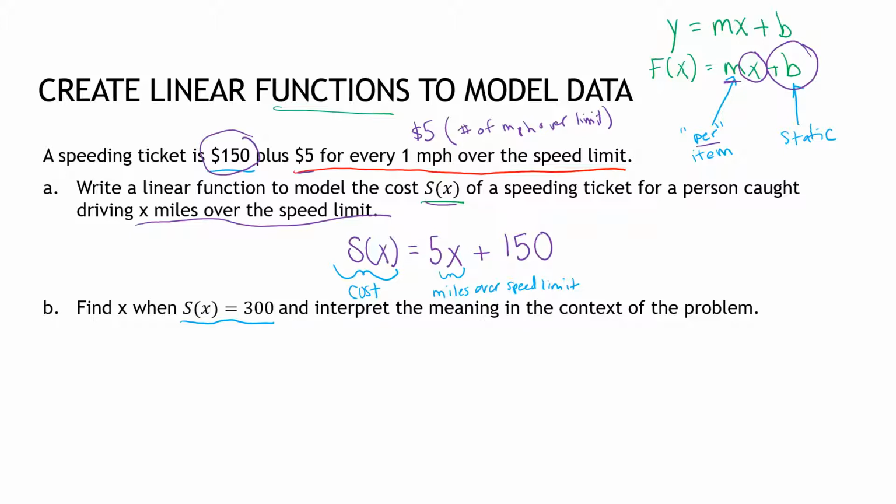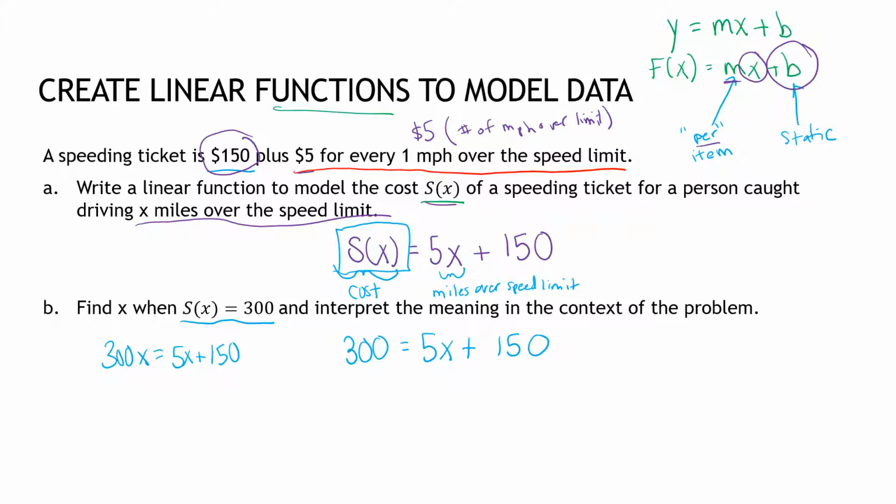So that tells me I'm going to take my function I just created, and instead of s of x, I'm writing 300. I want you to notice that the 300 replaces the whole s of x. I know we talked about that before, but I'm going to tell you again. Don't just replace s with 300. I have some students do this. 300x equals 5x plus 150.